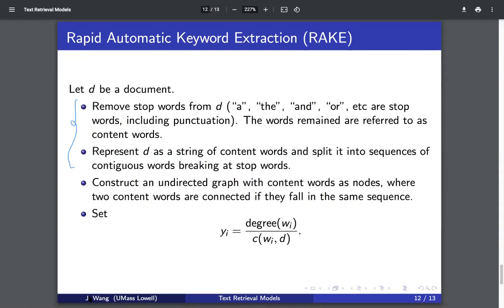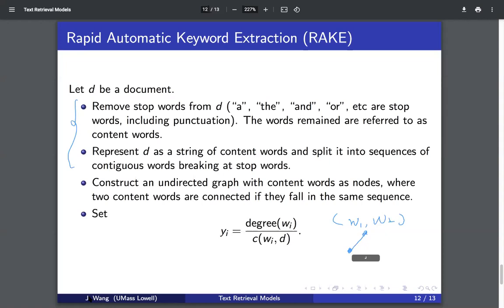Inside the chunk, you have these content words, let's say W1, W2. If they are in the same chunk, we call this a same sequence, and we are going to connect them.